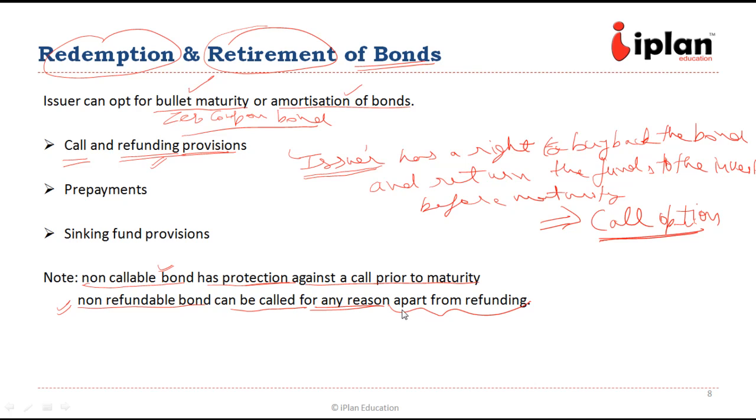For example, if the borrower has got access to a large one-time cash flow from selling a certain asset or exceptional sales, etc., that cash could be used to call these bonds and retire some of them. But these bonds cannot be recalled for getting a cheaper funding from some other source, because these bonds are non-refundable.